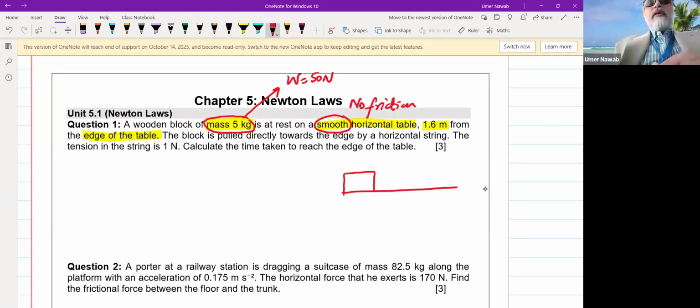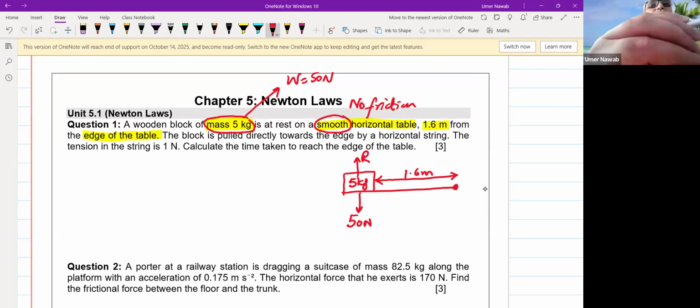So the block is pulled directly towards the edge of the horizontal table. This is the edge of the table, and it is 1.6 meters away. Mass is 5 kg, so weight is 50 newtons and it is balanced with the normal reaction.